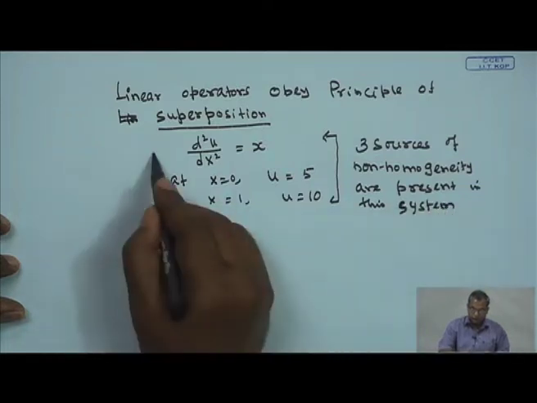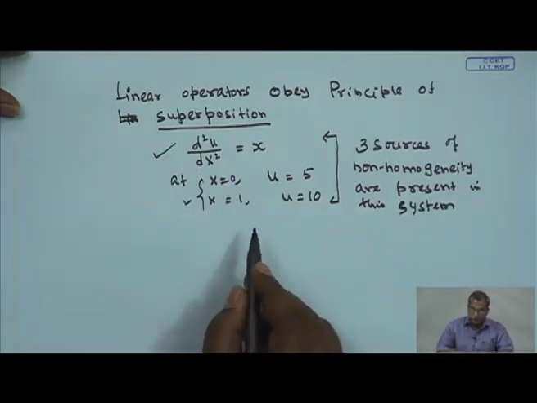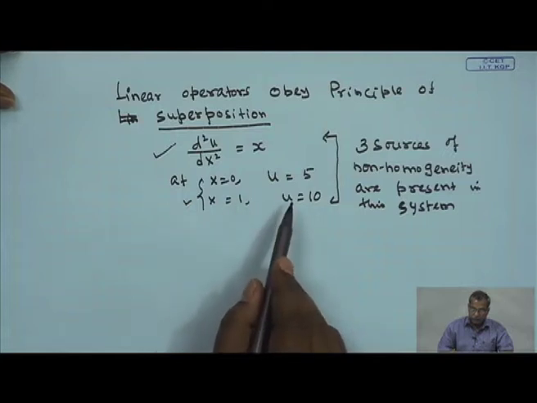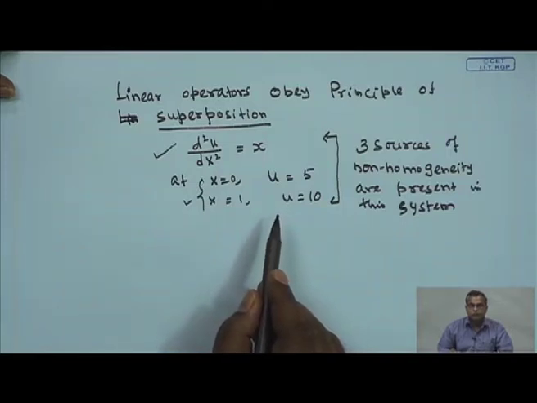The system includes the governing equation as well as the boundary conditions. So, there are 3 sources of non-homogeneity present in this system, and what we will be doing next is breaking down this problem into 3 sub problems, considering one non-homogeneity at a time, and then we will be adding up all the 3 solutions, and then we will get the final solution.